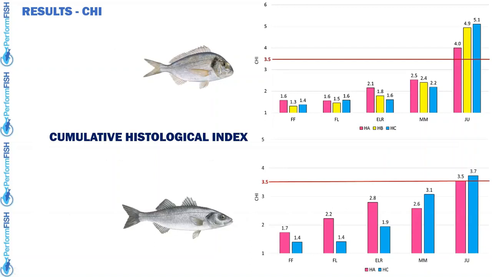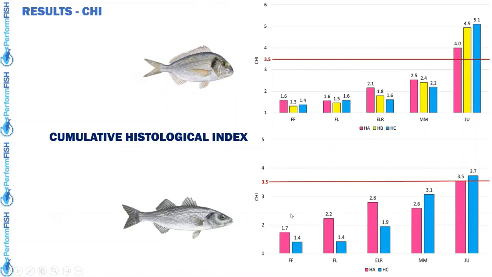Well, okay. I start by discussing the key values of the three hatcheries calculated for each developmental stage, shown in the bar graph, both for gilthead sea bream and European sea bass.